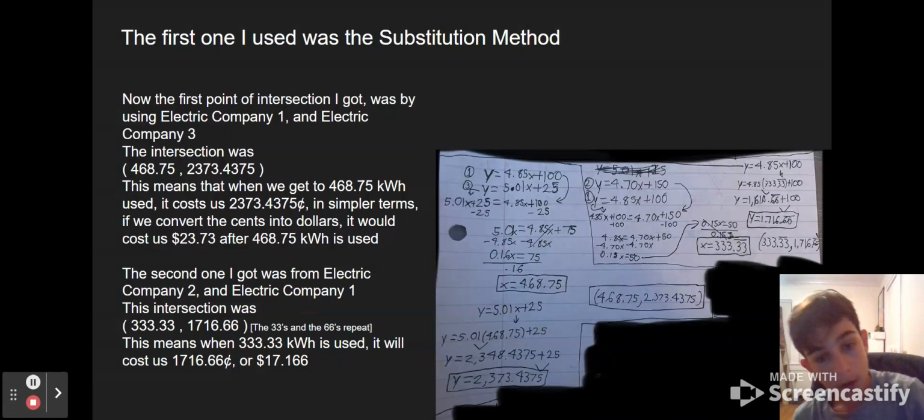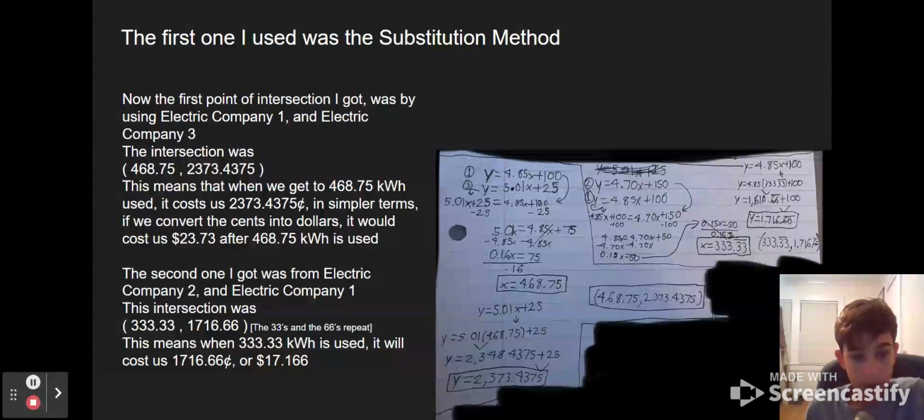Now, the second one I got was from Electric Company 2 and Electric Company 1. This intersection was 333.33 repeating and 1,716.66 repeating.